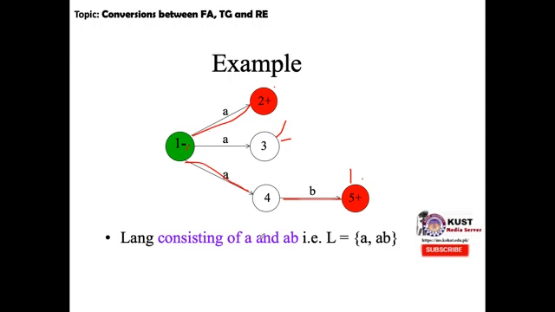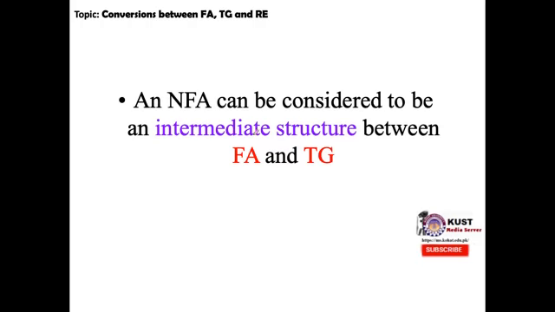So this NFA accepts the language consisting of A and AB. An NFA can be considered to be an intermediate structure between FA and transition graph. This is what we discussed already.